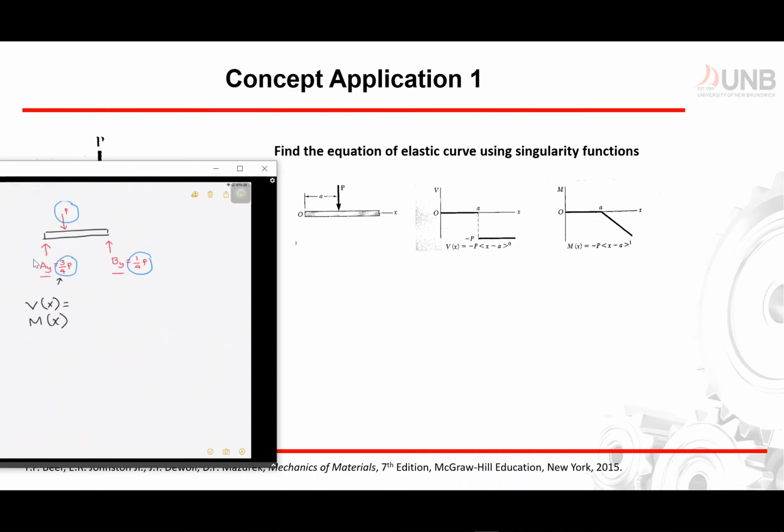But our force, AY, is going up, which means P is a positive number. X is just your x. A is the location of your force. In this case, your a is 1/4 L, which means I could write my singularity functions in order to describe this loading condition.